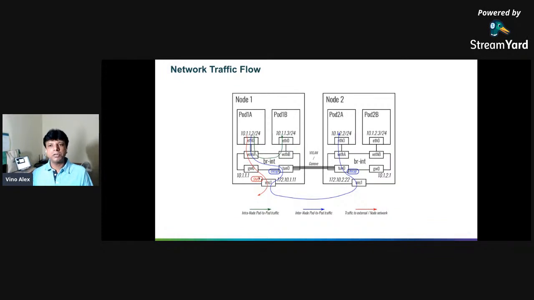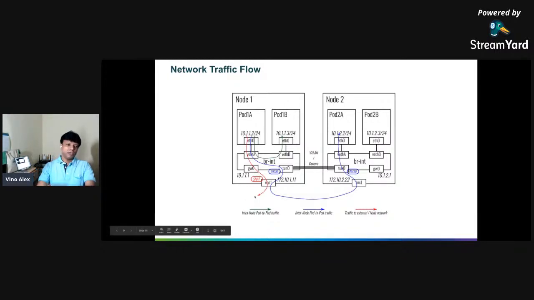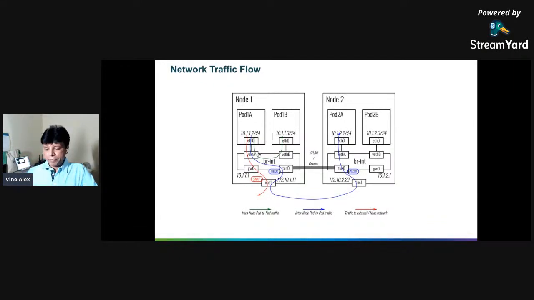That's why it does a source NAT to that particular node IP, and the traffic goes outside. That's how the traffic goes out from the pod. If some of you are new to the pod networking model, if you capture this picture, it is more than sufficient to understand more or less how every CNI is handling this.